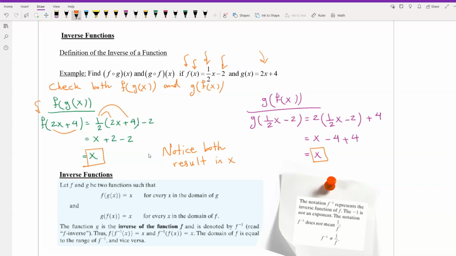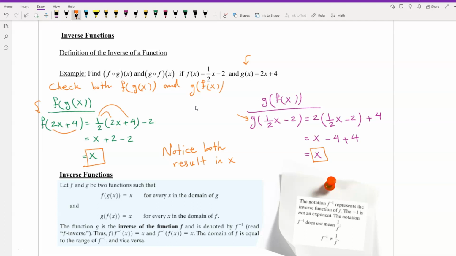And then for g of f(x), now the inner function is f(x), and f(x) is 1 over 2 times x minus 2. And here the outer function is g, so use g(x). Instead of x, we have to use 1 over 2 times x minus 2.